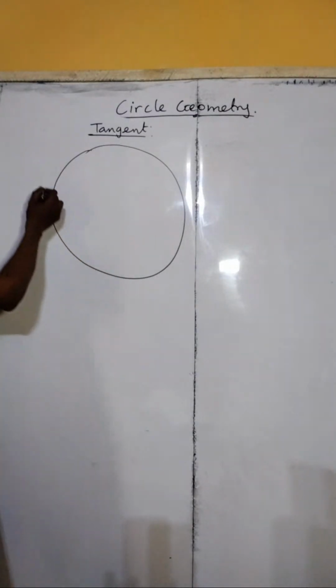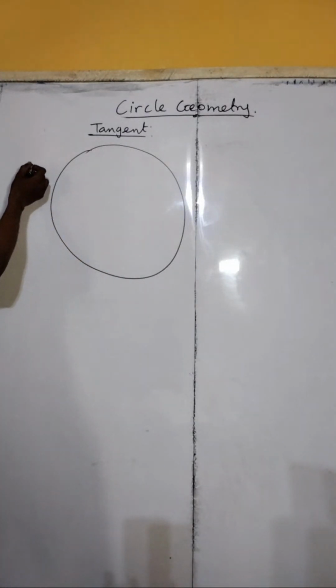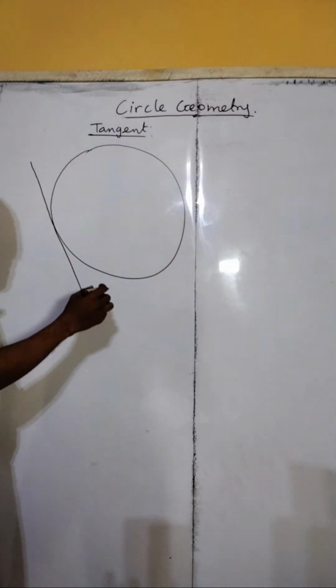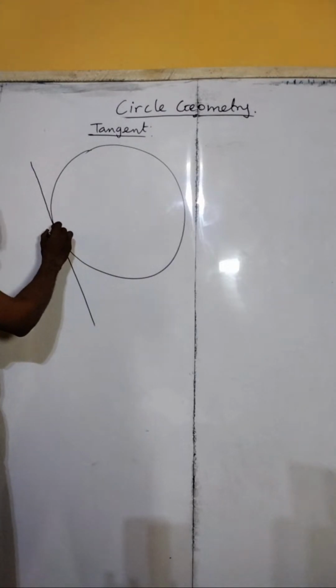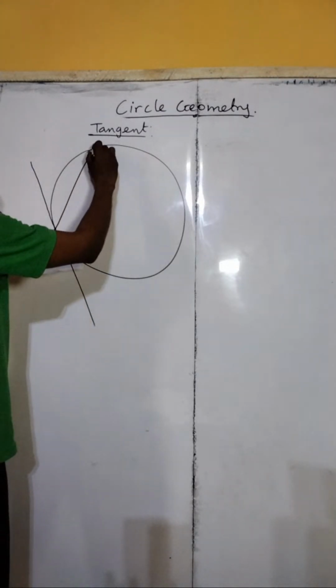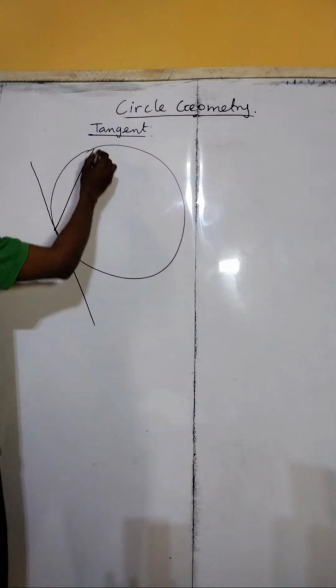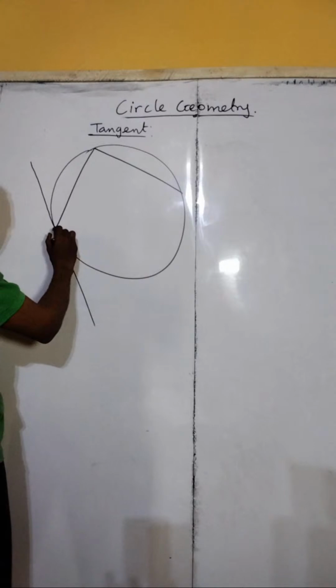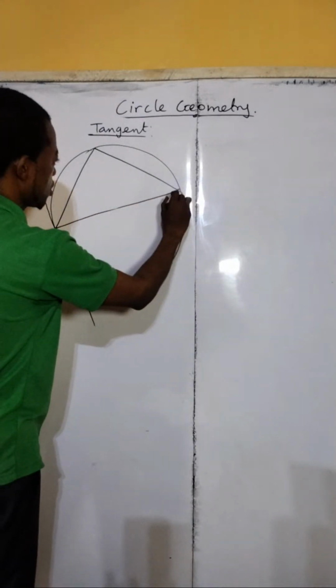We have, let's say this is a tangent at this point. Then we are given a chord, and on this side there's another chord here attached and joined together with this chord.